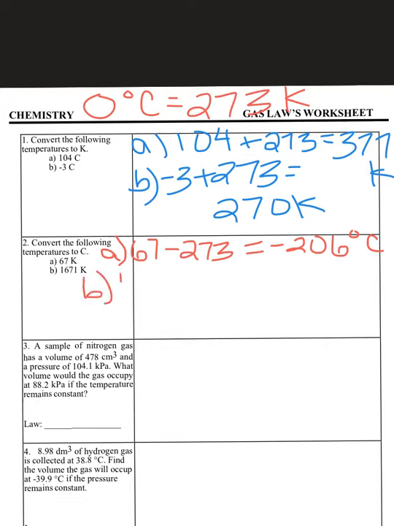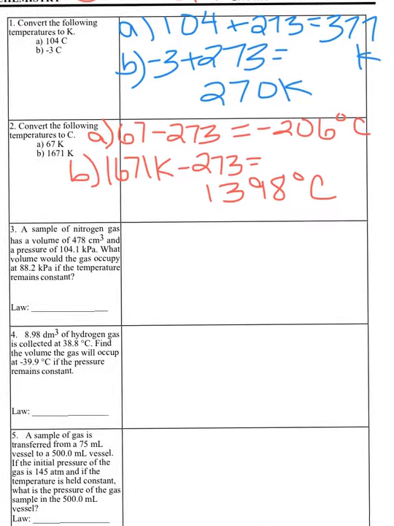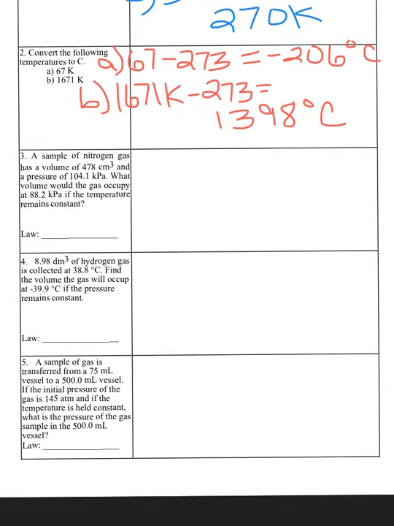Part B, 1671 Kelvin minus 273 gives us 1398 degrees Celsius. Pretty straightforward. You're either adding 273 or you're subtracting 273.